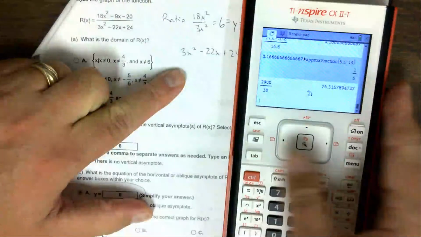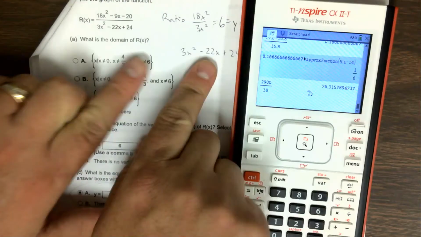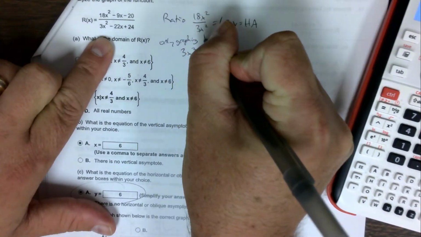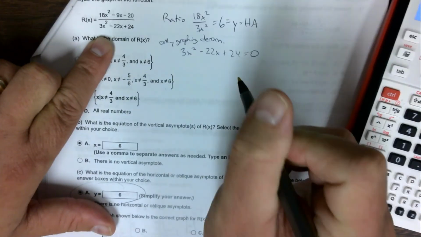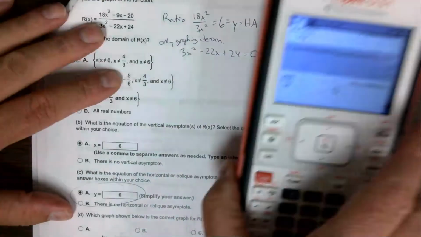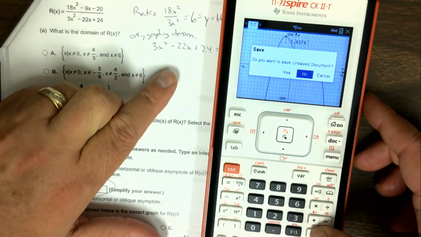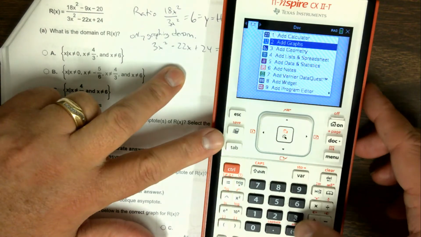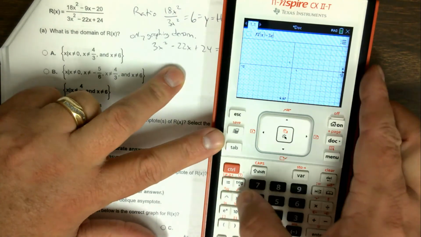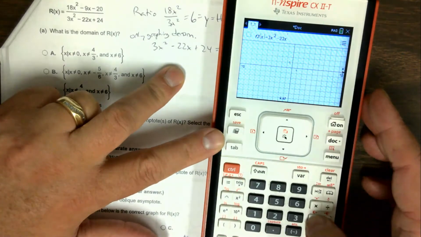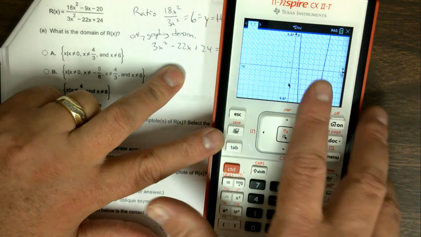So keep in mind, I'm only graphing the denominator right now, at the moment. So 3x squared minus 22x plus 24. So those are your answers.